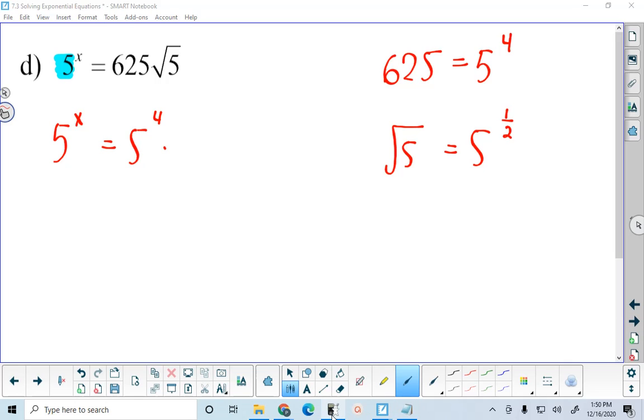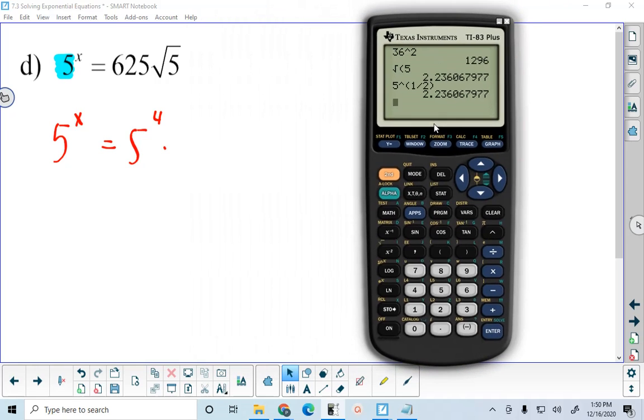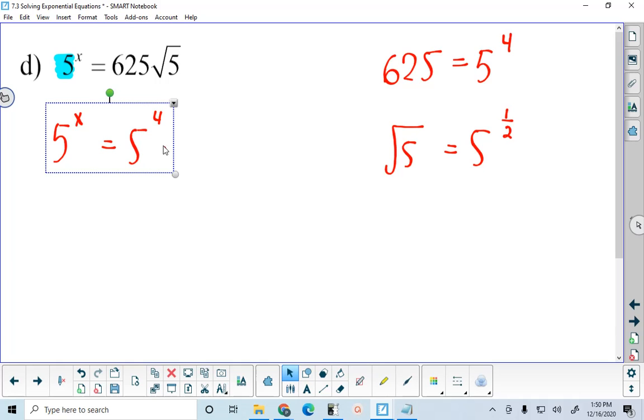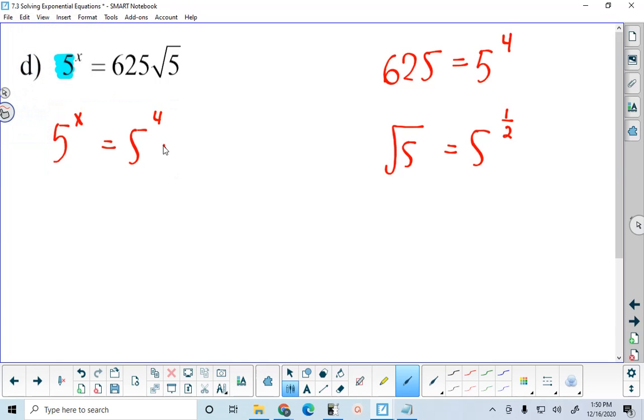This isn't a mathematical proof, but if I take the square root of 5, I get that number. If I take 5 and raise it to the 1/2, and if you're going to raise it to the 1/2, you better put a set of brackets there, you get the same thing. So then we have 5 to the 4 multiplied by 5 to the 1/2.